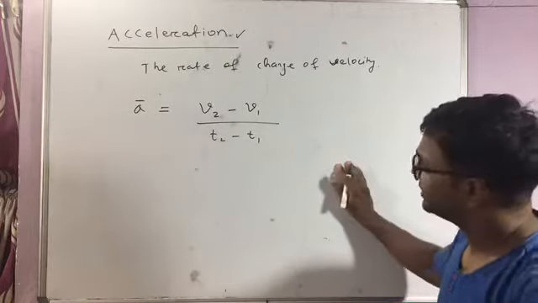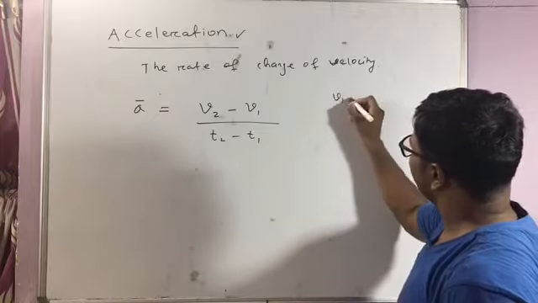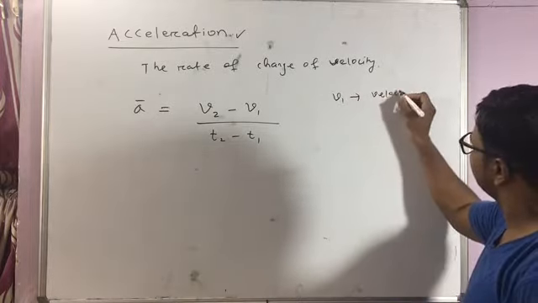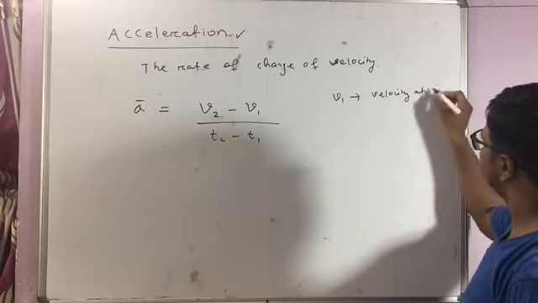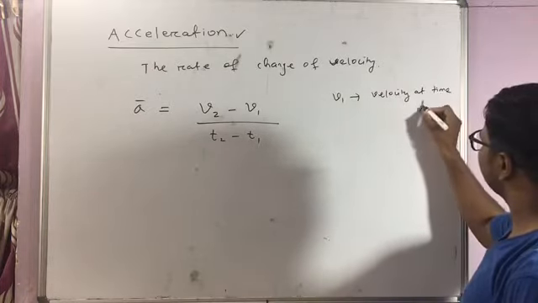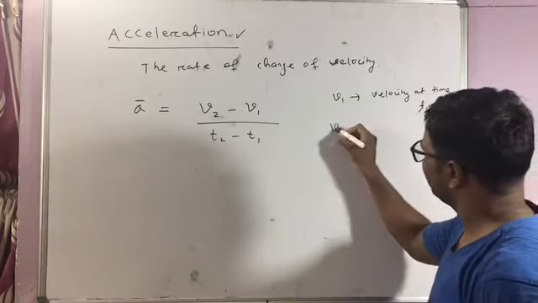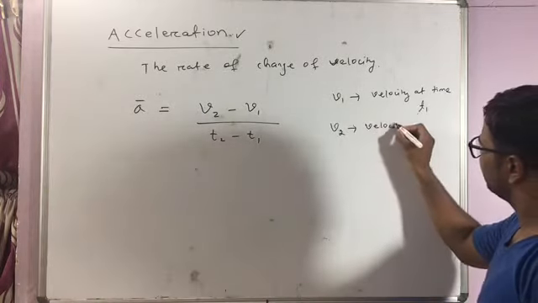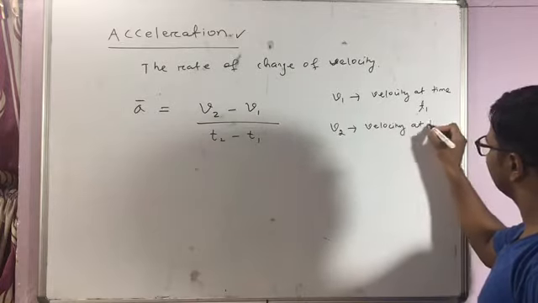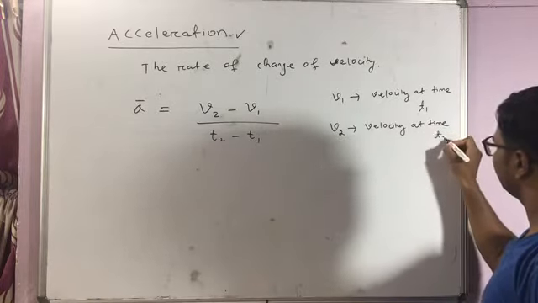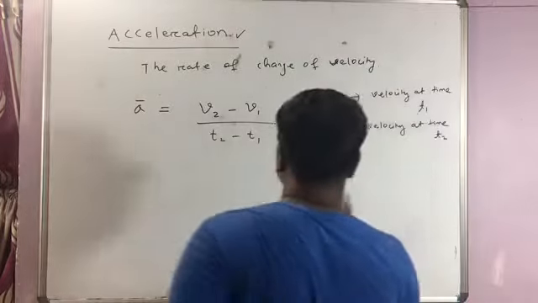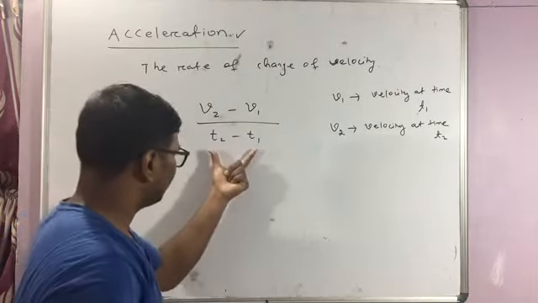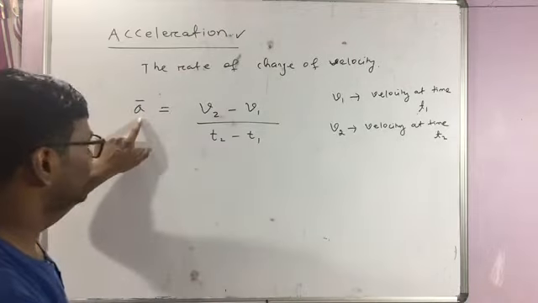What is t2 and what is t1? v1 is the velocity at time t1, and v2 is the velocity at time t2. Got? So the change in velocity divided by the time span is called your average acceleration.